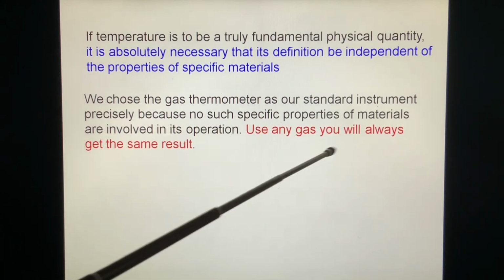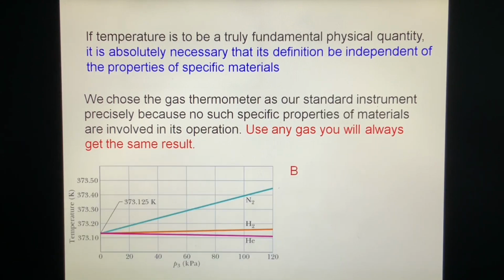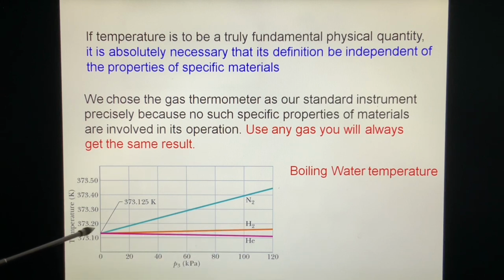Use any gas, you will always get the same result. The condition is that the mass approaches 0. And we found that when you measure boiling water with nitrogen, helium, or hydrogen, they give the same answer, as long as the mass approaches 0.